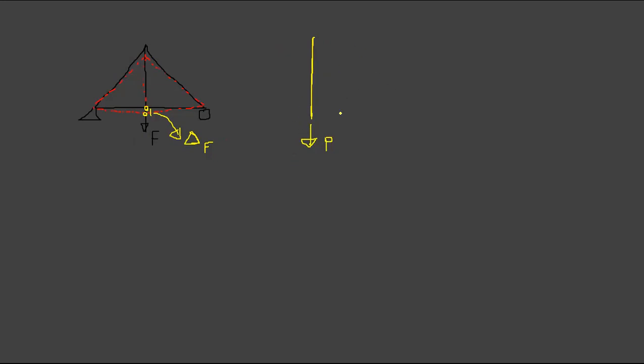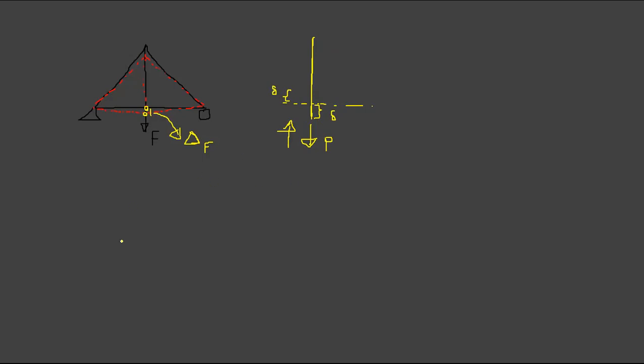So due to this force, this will elongate from the original position, or contract if the force is in the other way. Based on that, let's call this delta.